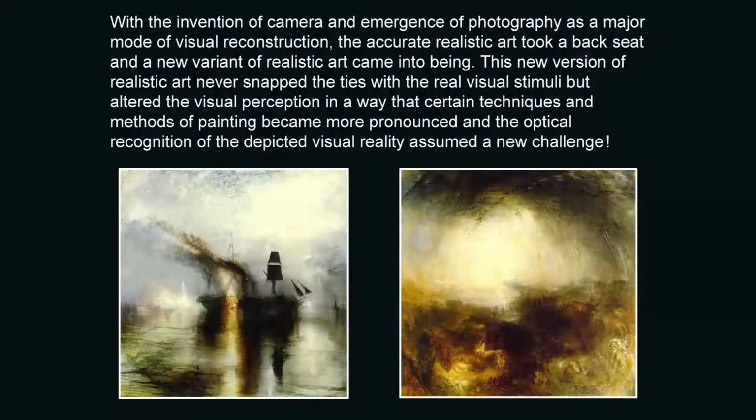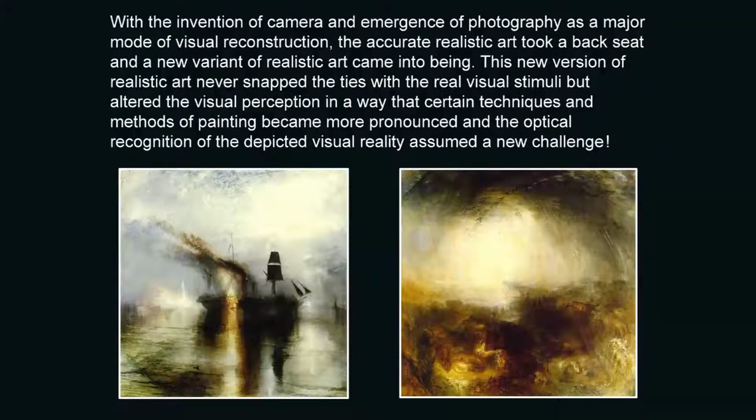And we also have somebody like Turner, who upsets the notion of realistic art with his most unusual and extraordinary paintings like this. So, with the invention of camera and emergence of photography as a major mode of visual reconstruction, the accurate realistic art took a backseat and a new variant of realistic art came into being.